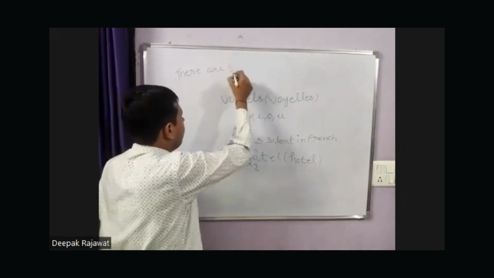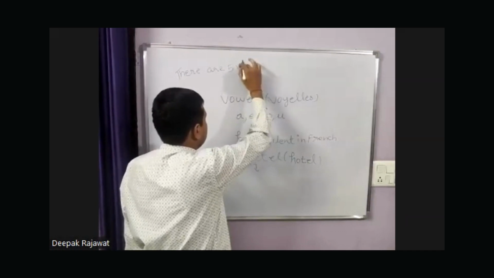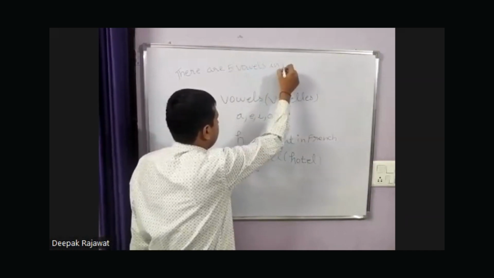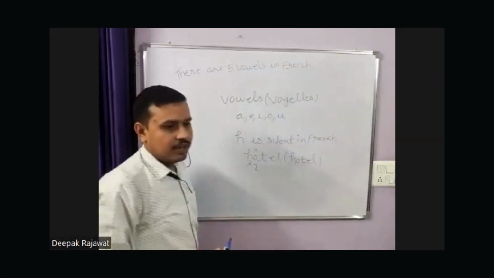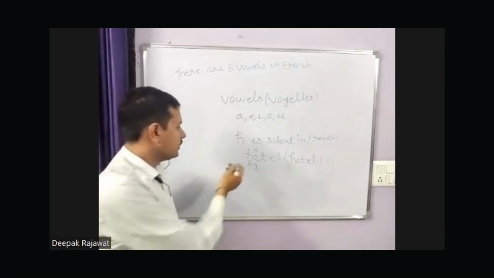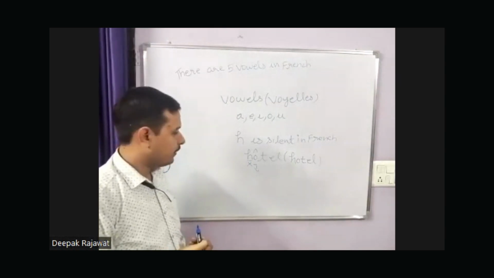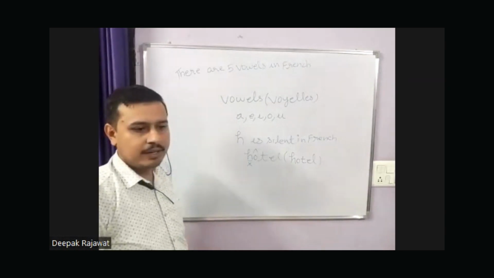There are 5 vowels in French and 1 letter which is H, and it is silent in French. We write it but we never pronounce it.